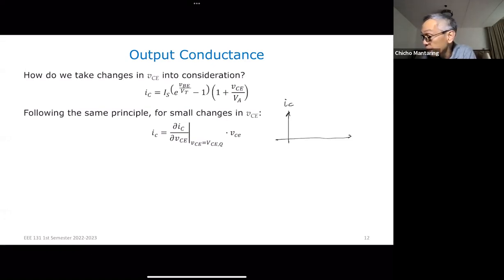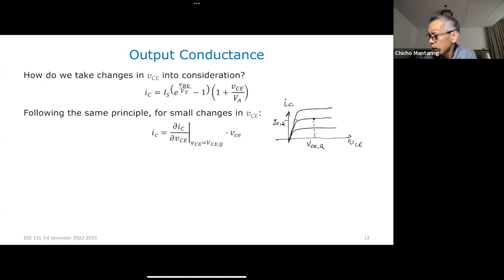IC versus VCE, yung mga curves na ganito. Of course, we have to assume that we're operating in the forward active region, so you have a certain value of VCEQ and ICQ.